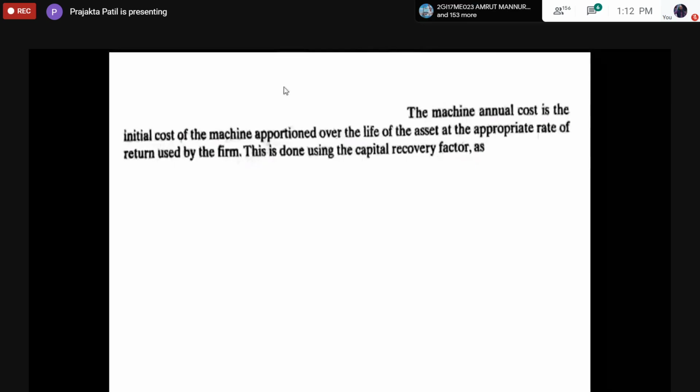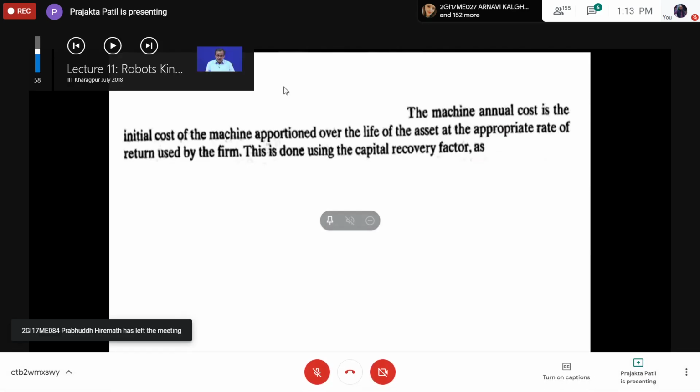But if you are not considering the equipment cost, then the manufacturing cost that we determine may not be very accurate. It may not be measured accurately. Therefore, whenever calculating the manufacturing cost, it is important to consider the equipment cost as well.